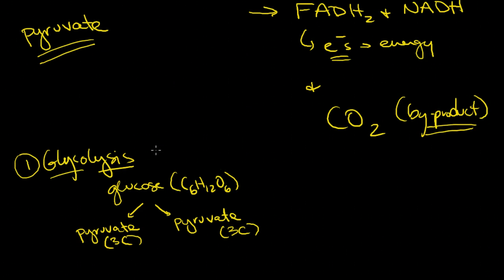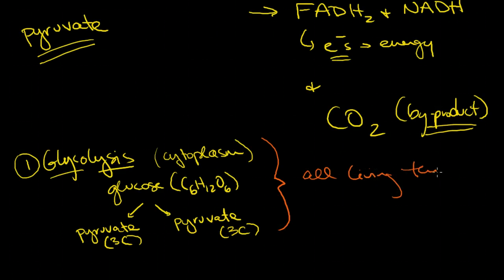Glycolysis doesn't happen in the mitochondria, but instead happens in the cytoplasm. And because every single cell has cytoplasm, all living things can do glycolysis.